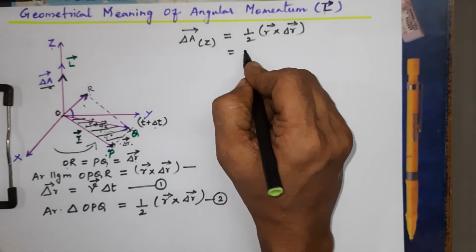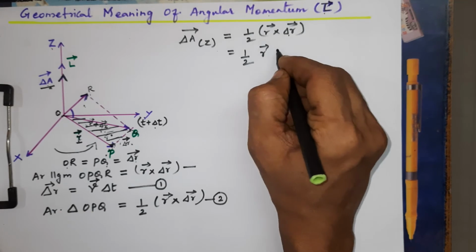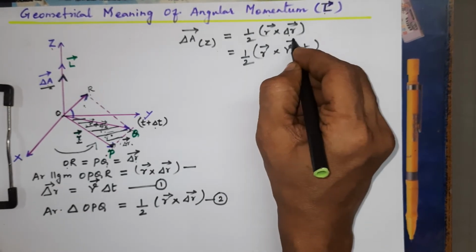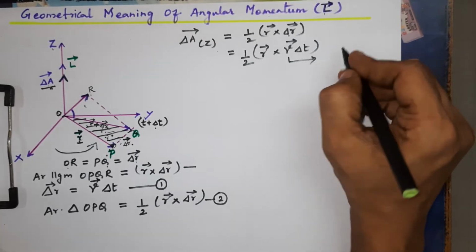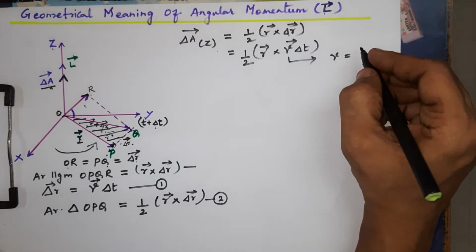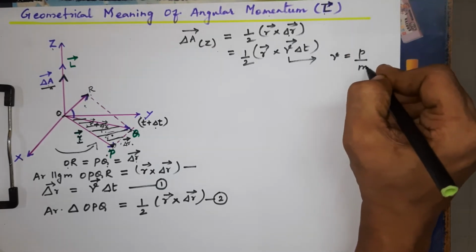Substituting delta r, this is half r multiplied by v delta t. Also, because momentum P is equal to m into v, v is equal to P by m.